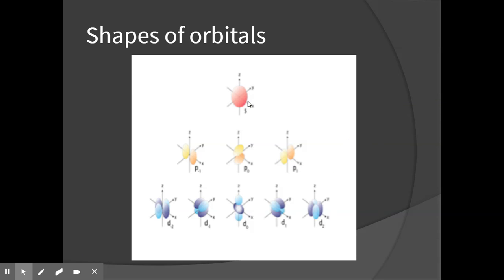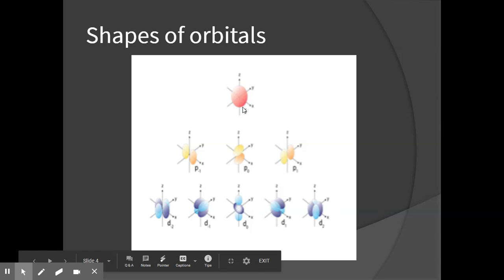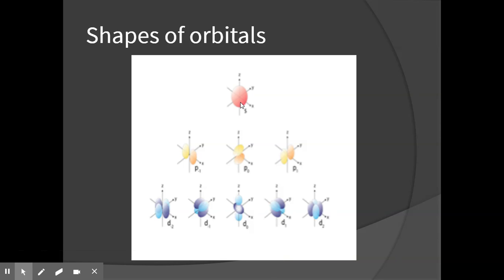And so here's an example of the shape of the s, p, and d orbitals. S orbitals are spheres, and they can hold up to 2 electrons. P orbitals are dumbbell-shaped, and there are 3 suborbital designations for p, depending on which axis it's sitting on. So there's the x, the y, and the z axis.